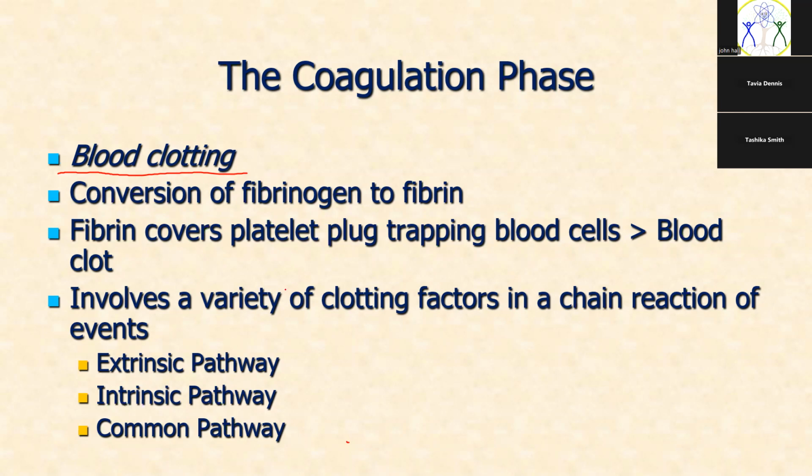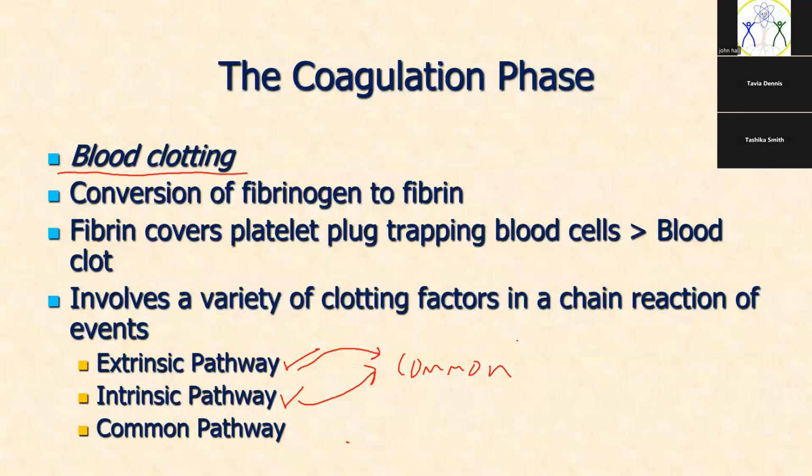Clotting is involving three distinct things, or three parts of the process. We have one part that is called extrinsic pathway, then we have an intrinsic pathway, and both of them lead to what is called the common pathway. So extrinsic, intrinsic come together, all lead to the common.